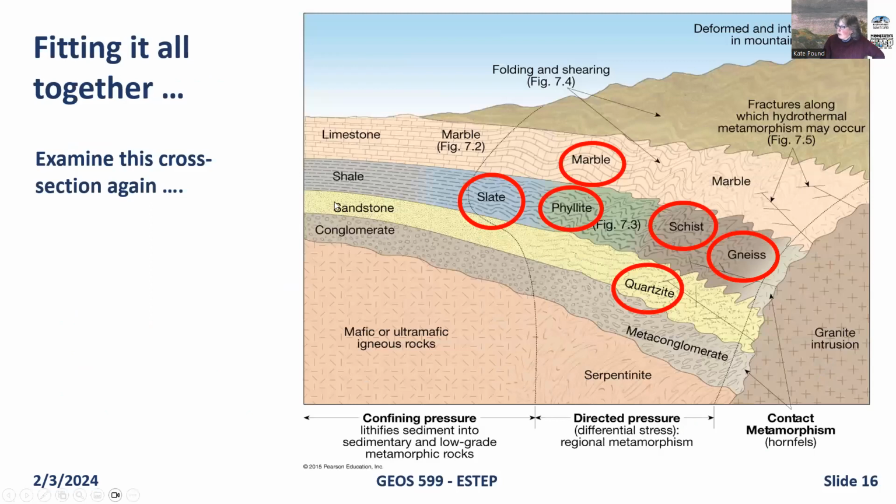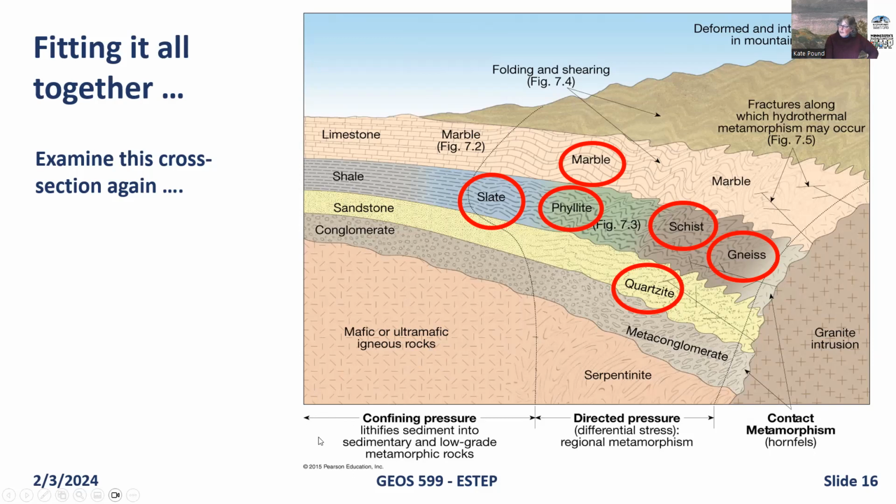All right, so now we're going to go to a slightly different type of cross-section. I've shown you this before when we were starting to think about protolith. And now we're going to look at the rest of this diagram.